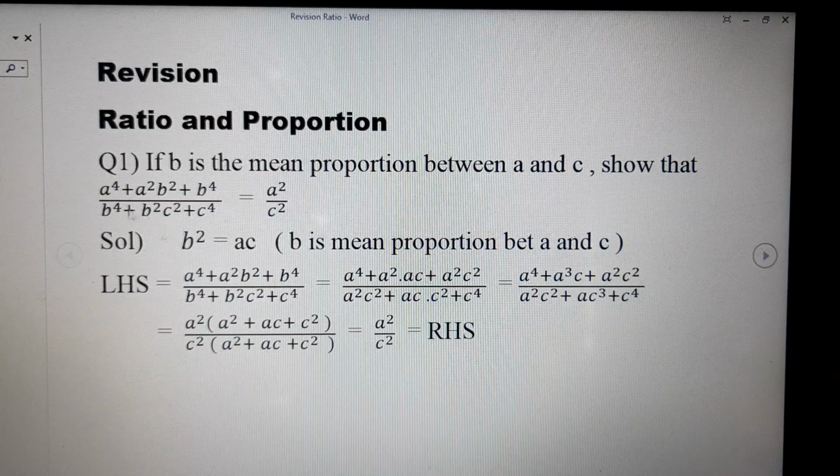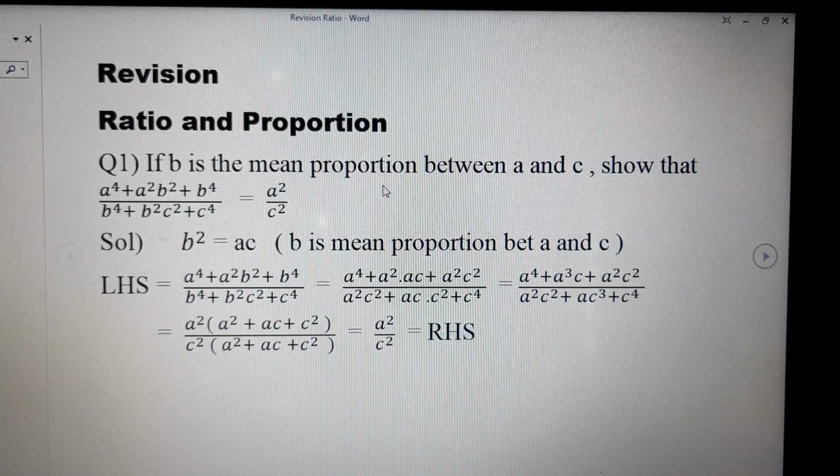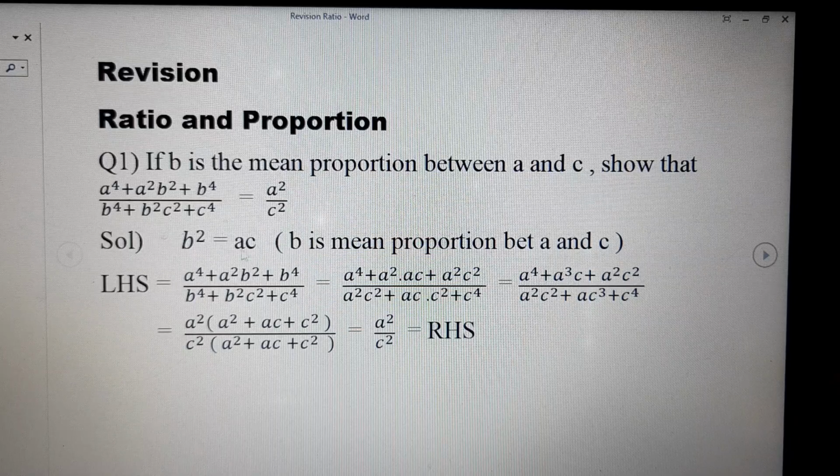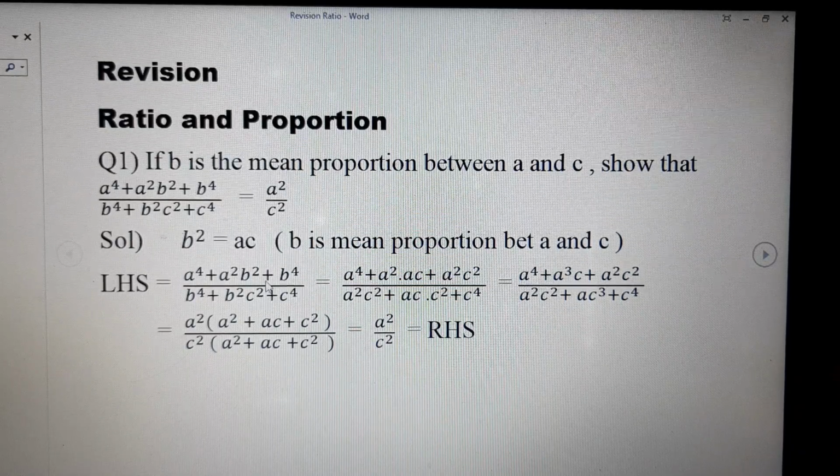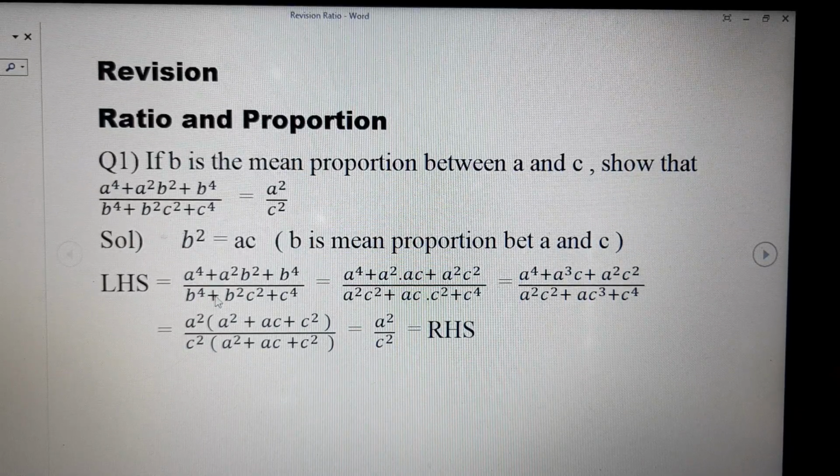Or we can start from LHS, solve, and get RHS. Both the methods are applicable. As B is mean proportion between A and C, B square will be equal to AC. We will use this result in solving.